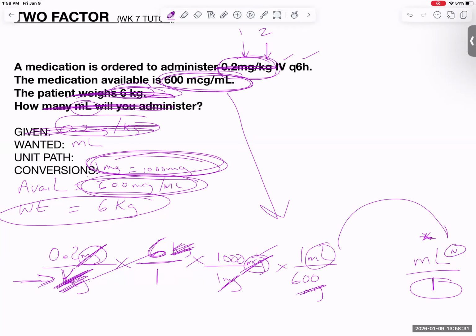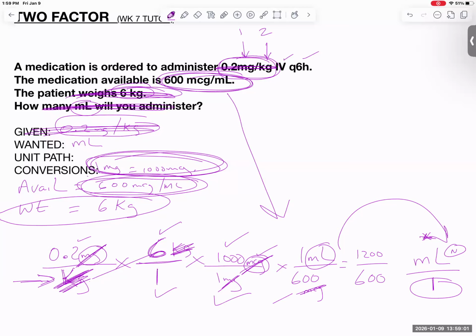And now I'm ready to solve. Everything I don't want is crossed off, and all that's left is milliliters. So now it's just math. So let's do it. So I'll work across the bottom. 1 times 1 times 600 is 600. 0.2 times 6 times 1,000 is 1,200.